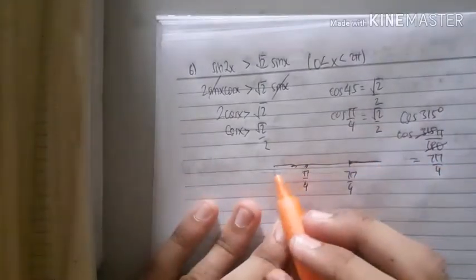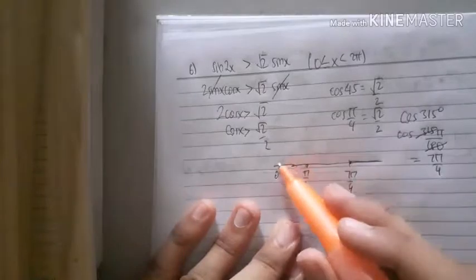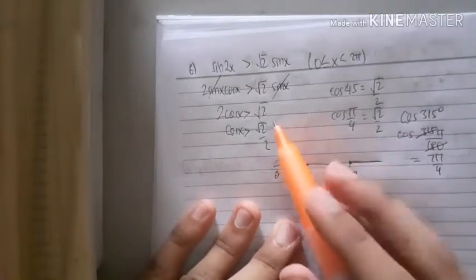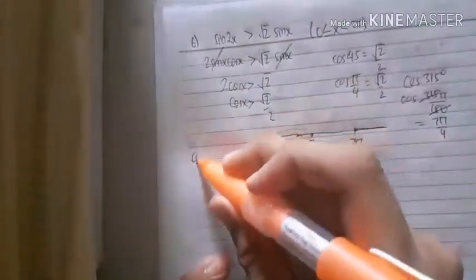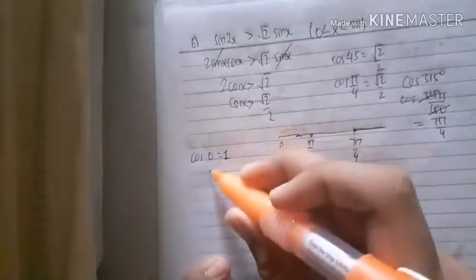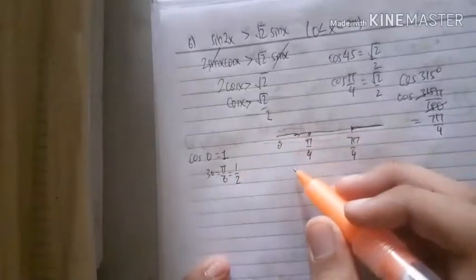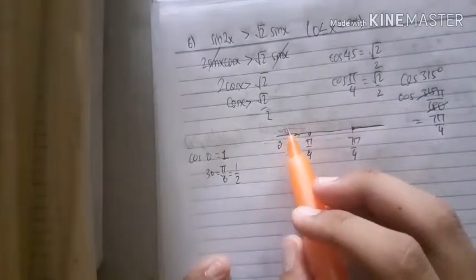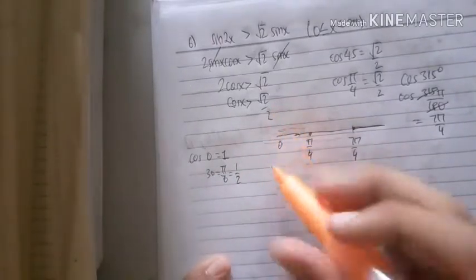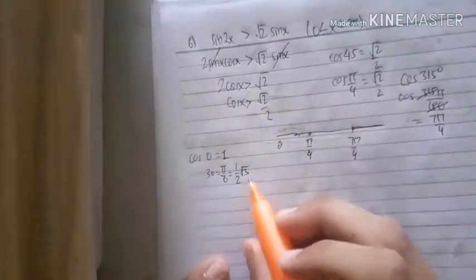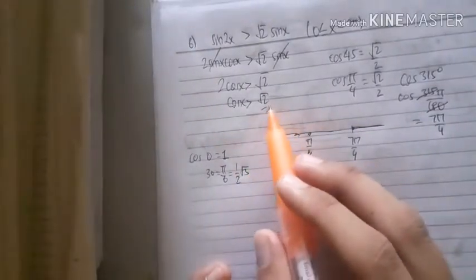If you take the values from 0 to pi over 4, all of these are greater than root 2 over 2, right? Because cosine 0 is 1, cosine 30 or pi over 6 is half root 3, that is greater than half root 2.